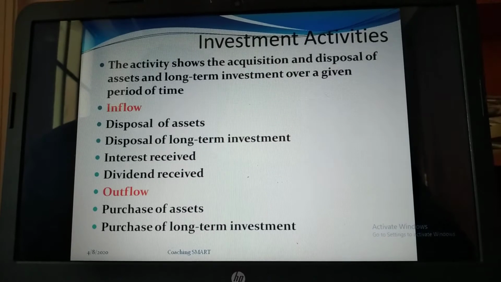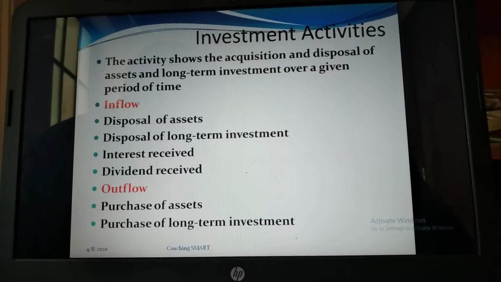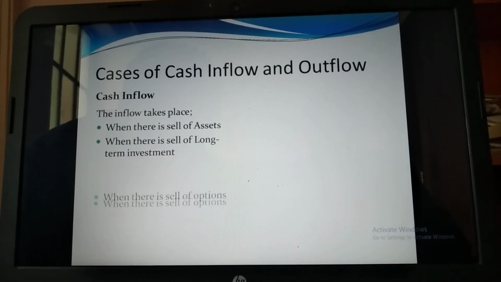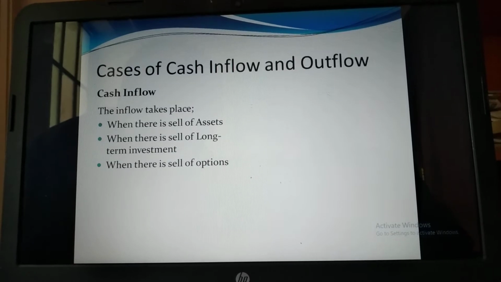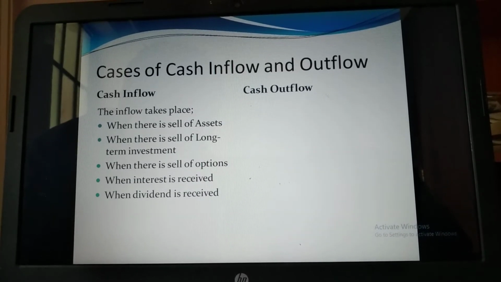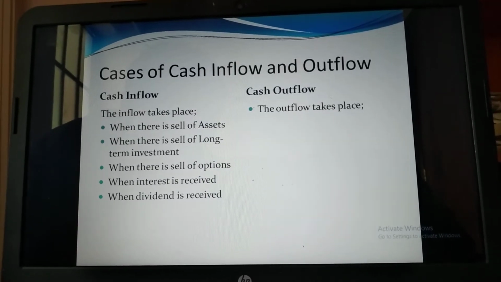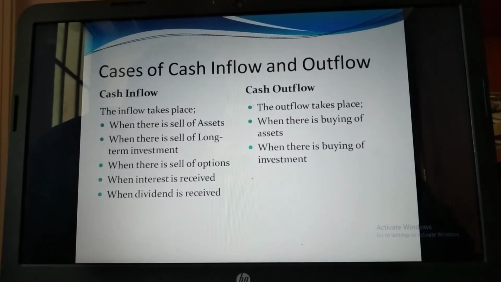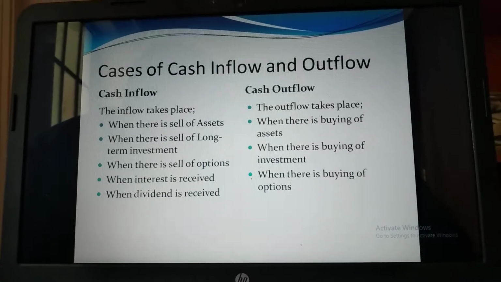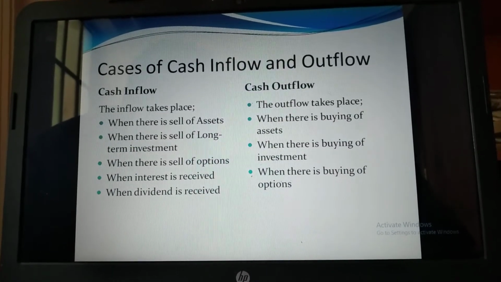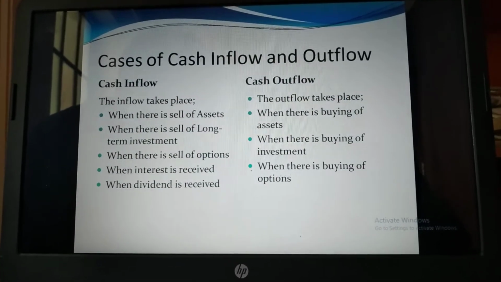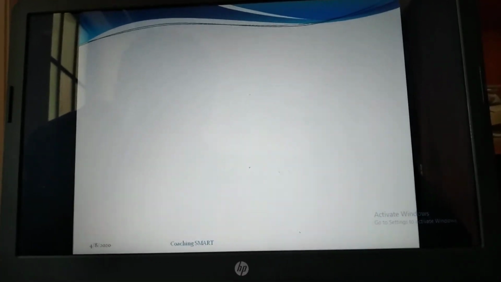Outflow is caused by purchase of assets, purchase of long-term investment, and purchase of options and future options. So on our left is cash inflow, on our right is cash outflow. So in each and every one, cash will inflow in investment activities, cash outflow in investment activities.